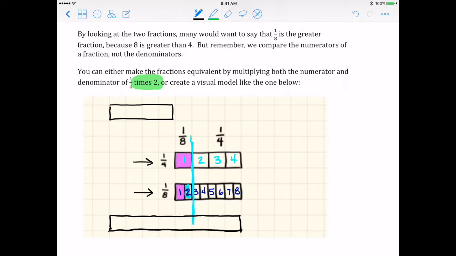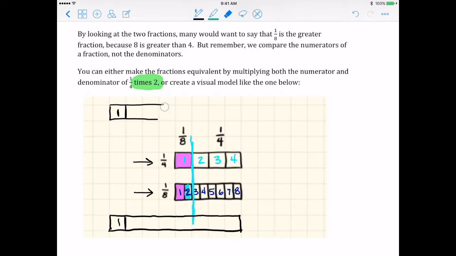For your eighths, you can't compare. You have a smaller box, so obviously it looks like 1/8 and 1/4 are equivalent because they're the same size, but they're not. They're really not.